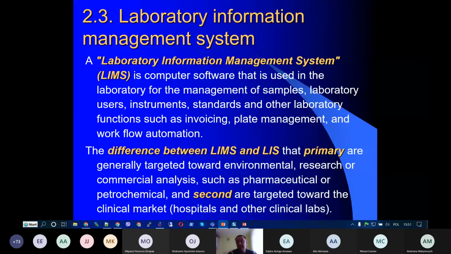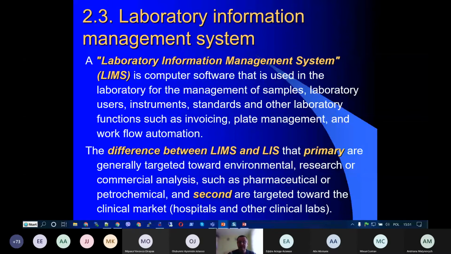It's complex automation of laboratory, but the difference between LIMS and LIS is that the laboratory information management system generally touches the environment, research and commercial analysis, pharmaceutical, petrochemical, and so on. And LIS is targeted towards the clinical market, hospital and offshore clinical labs, which I mentioned, like Synevo also.